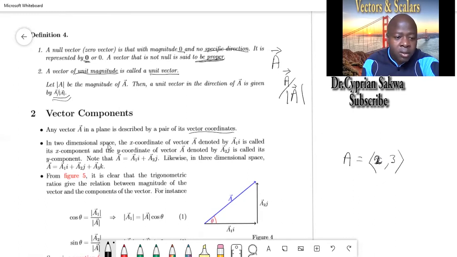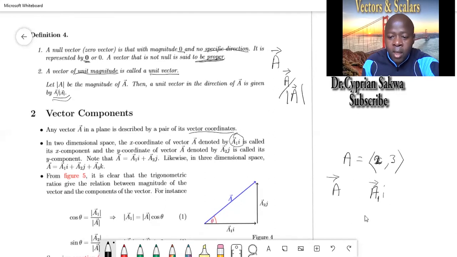So in two-dimensional space, the x-coordinate of vector A, I'll denote as A1i.